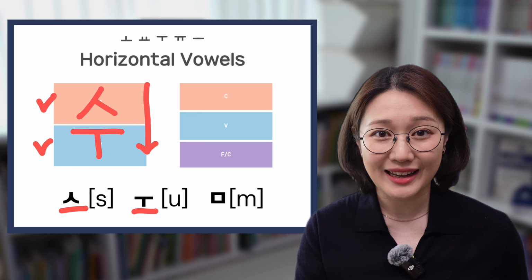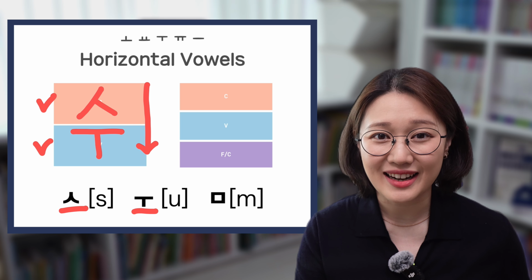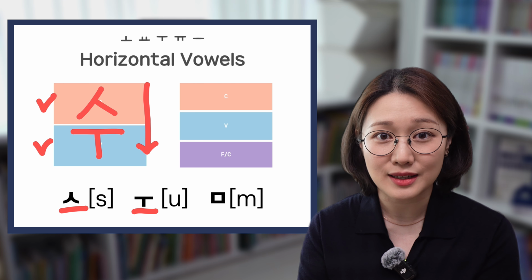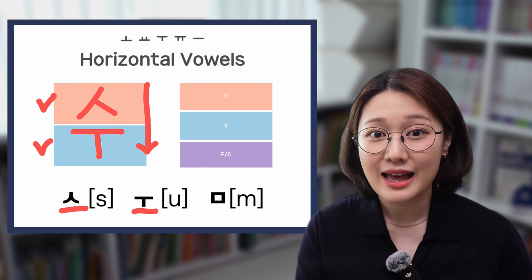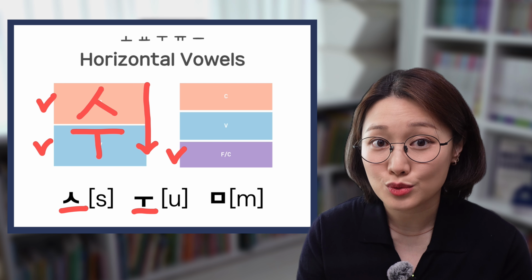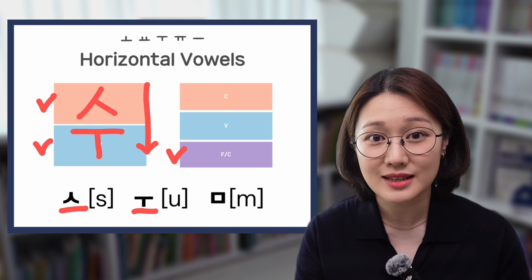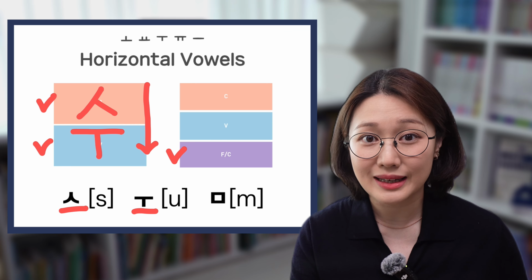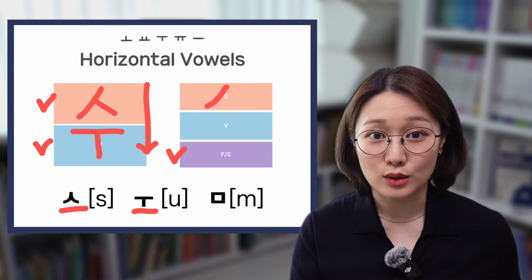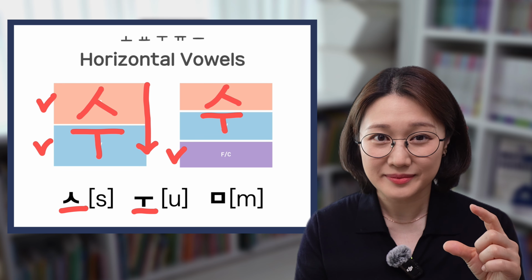Now, what should we look at next? Yes, final consonant. Final consonant goes at the bottom of the block, so in a horizontal vowel block, the final consonant goes here. Let's bring back 수. We need to add one more consonant under 수, so we need some space at the bottom. That means 시옷 and 우 become a little shorter.